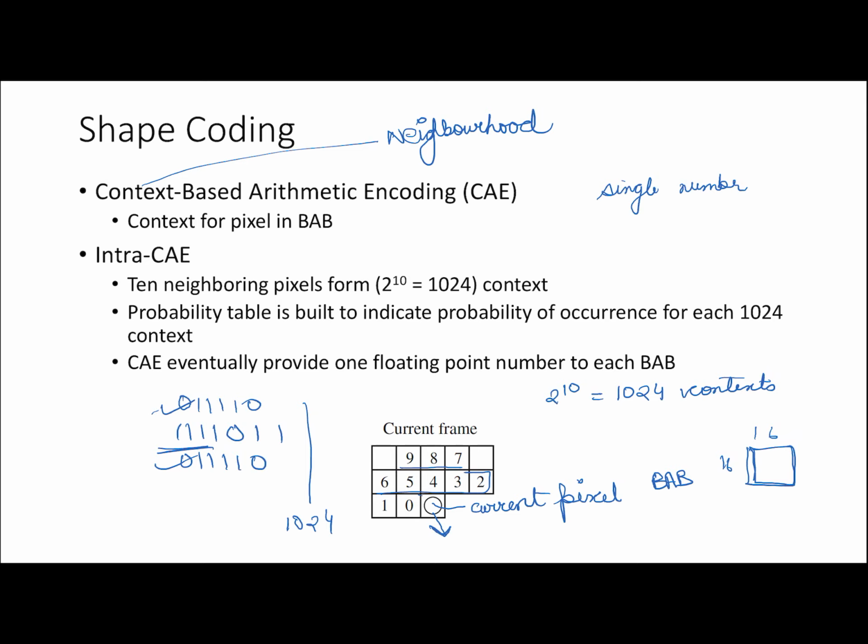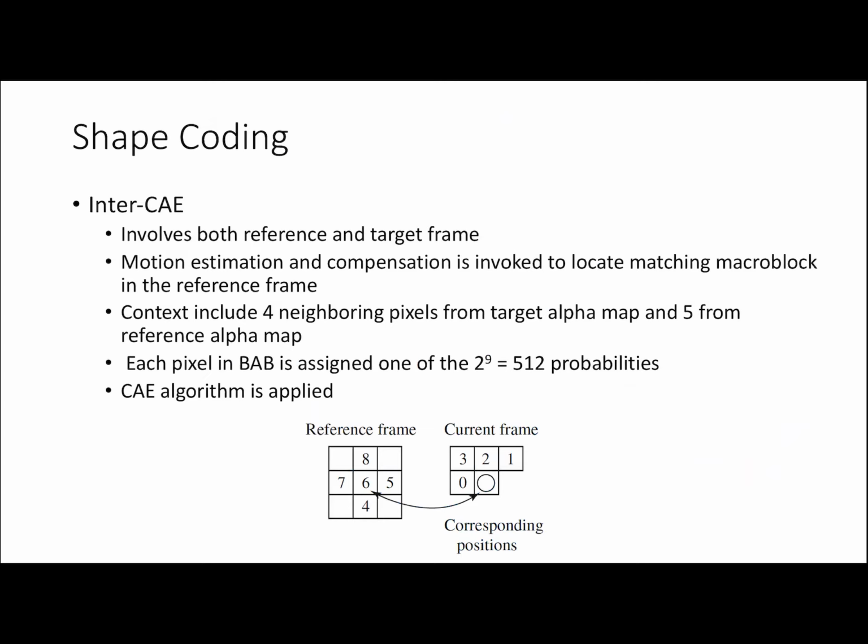So CAE simply scans the 16 cross 16 pixels in each BAB sequentially and applies arithmetic coding to eventually derive a single floating point number for each binary alpha block or BAB. So this was for intra CAE.